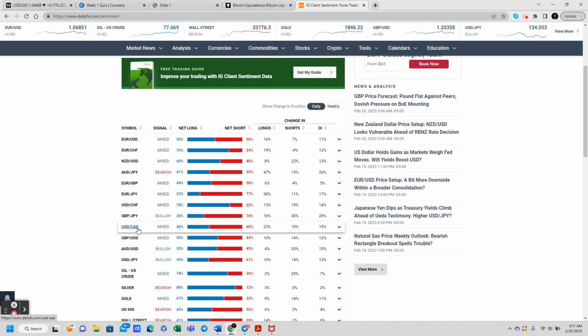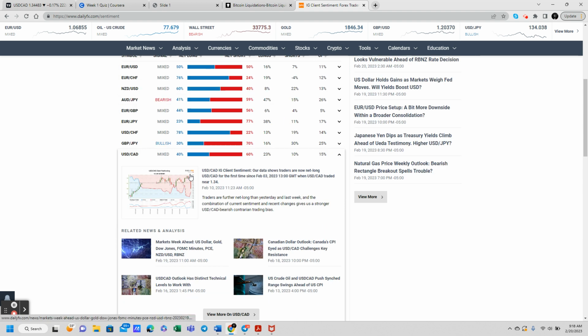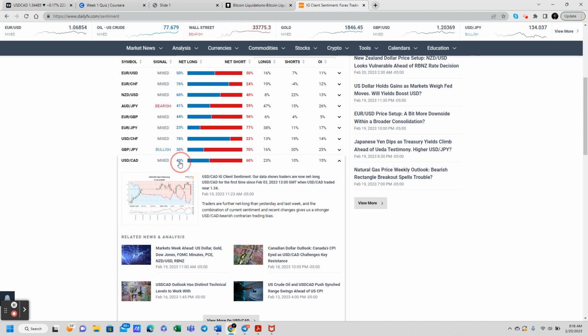So on USD, sorry, CAD, we have mixed. Now, when it's mixed, typically it goes with the majority. All right, so right now, 60% are short and 40% are long.